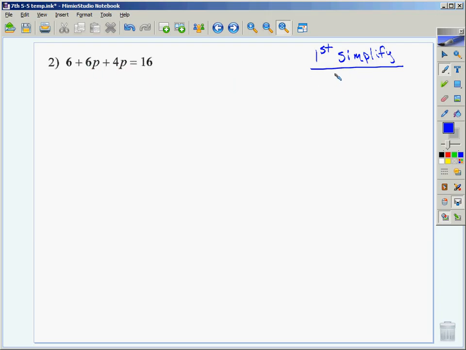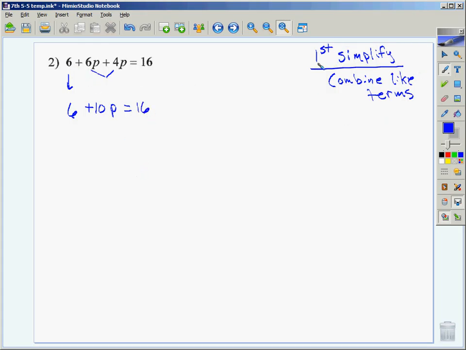When I say simplify, I'm talking about combining those like terms. And in this case, you can see that these two would go together. So this 6 is going to stay just like it is, but 6p plus 4p becomes 10p.